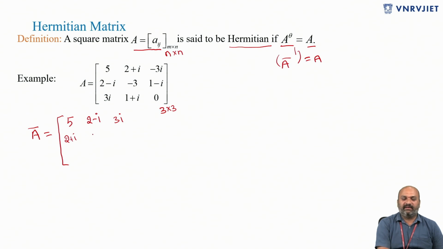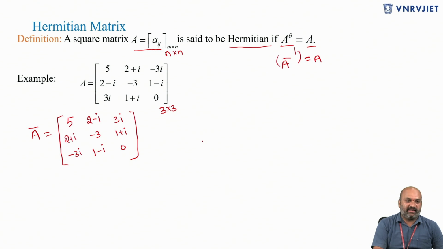Minus 3 is a real number, so its conjugate is itself. 1 minus i becomes 1 plus i. 3i becomes minus 3i, as it is a purely imaginary number. 1 plus i becomes 1 minus i. And 0 is a real number, its conjugate is itself. So this is A bar, the conjugate of the matrix.